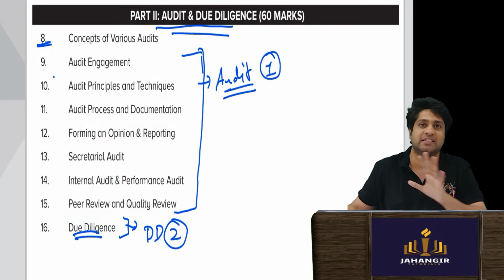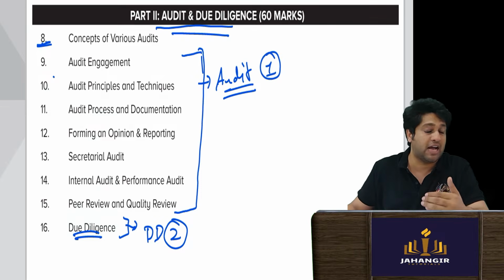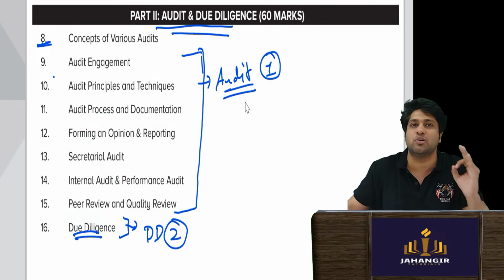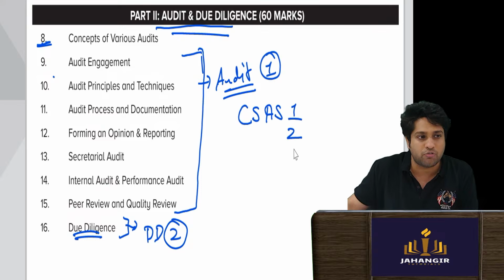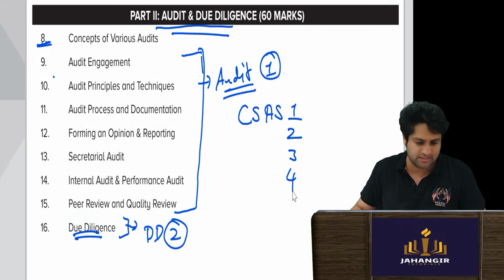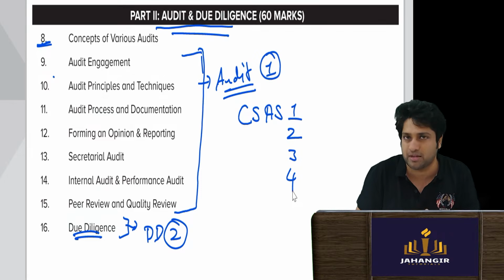Now for auditing standards, even your ICSI has issued certain standards which you should mandatorily quote in the exam. That is your Company Secretary Auditing Standards, CSAS. A total of 4 auditing standards have been given which are mandatory to be quoted in the exam, and it is given in a very logical way where you can remember as well.